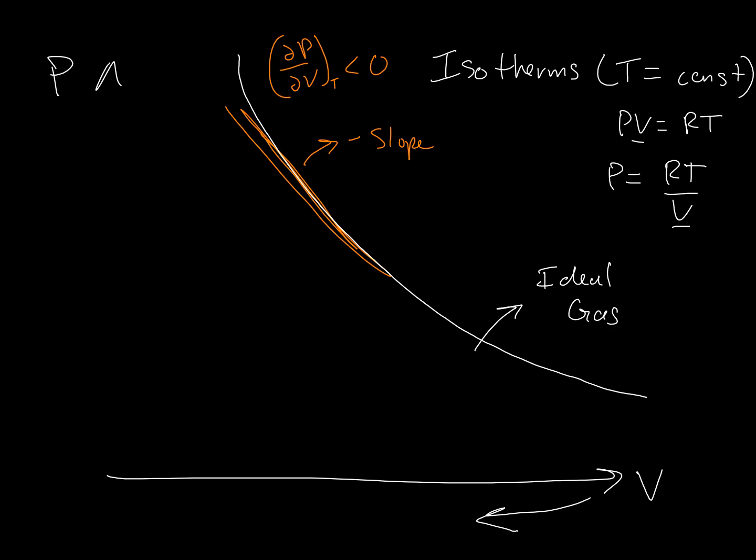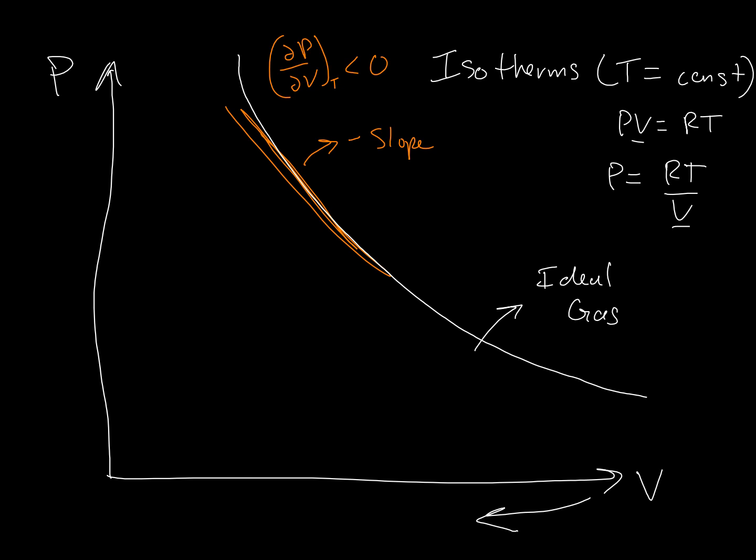The main thing is the volume. As you reduce the volume and increase the density, you're going to be increasing the interparticle interactions. So it's going to behave less and less like an ideal gas and more like a real fluid. Its behavior should be expected to deviate from the ideal gas law.